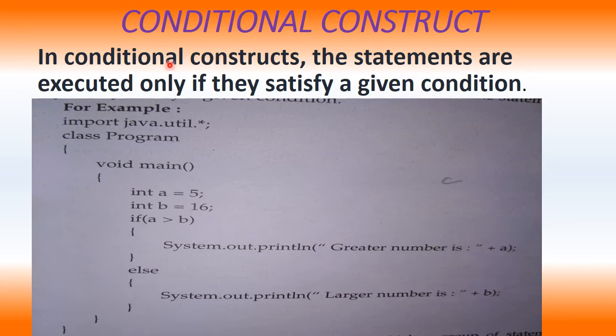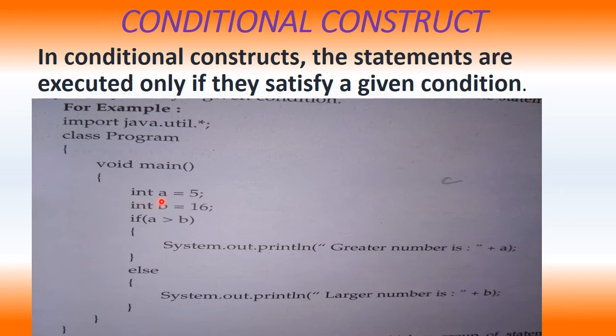Okay, so here we will see one more example related to the conditional construct. Again, we will import the util package. Then I have the same class, Program, function main, and in this we declare two variables, both of integer type.